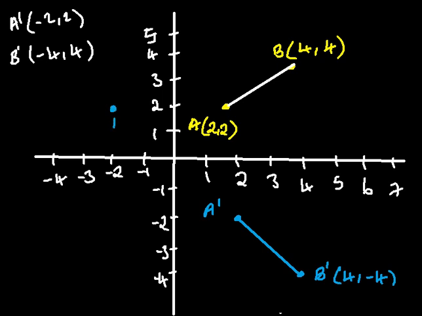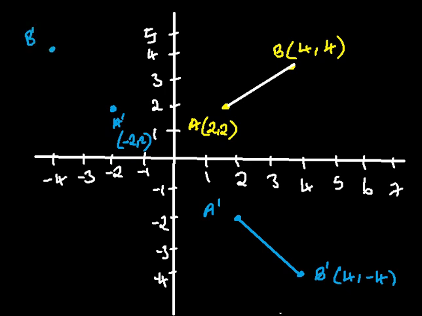This is the image of point A, that is negative 2, 2. And the image of point B, you have it as negative 4, 4. And this is a point of image B, negative 4, 4. And that is the line.